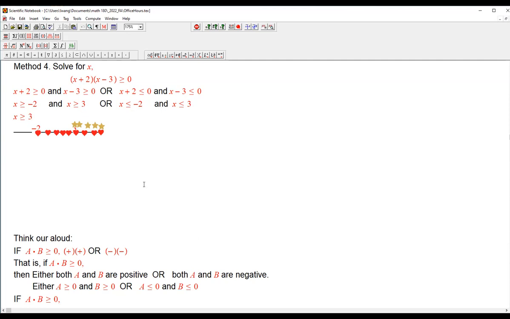Now let's look at the next one. For the next one, we're also going to draw the number line. Again, we have -2, and we have +3. This time it's going to be less than or equal to -2. So what are less than or equal to -2? Including -2, that's less than or equal to -2.